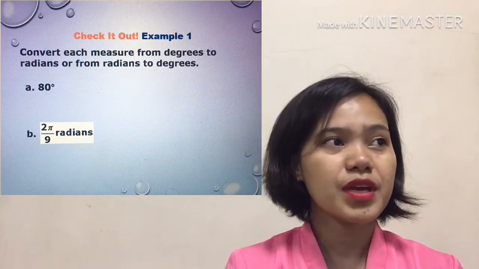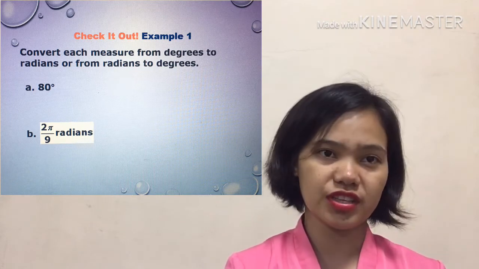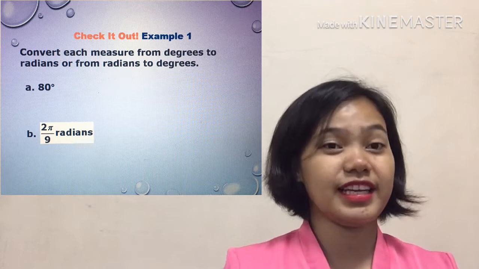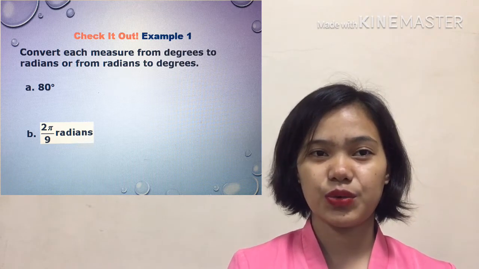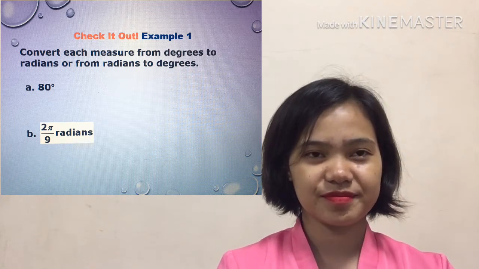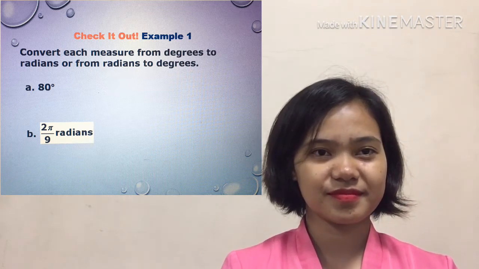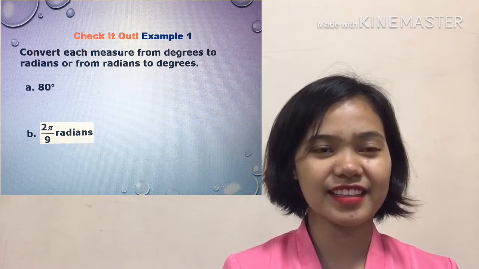Okay, it's your time to shine. Please try this one. Convert each measure from degrees to radians or from radians to degrees. Please try letter A, 80 degrees. You have 5 seconds to answer that one. Okay, let's check.